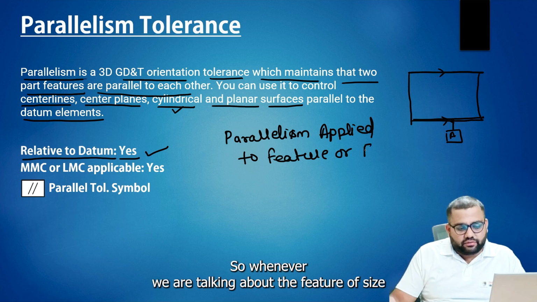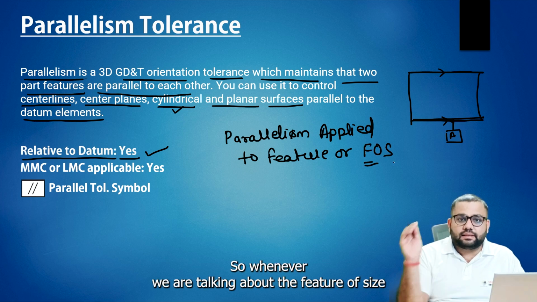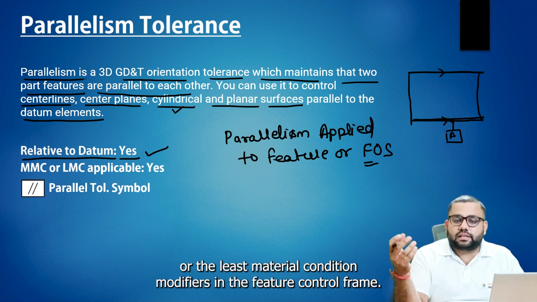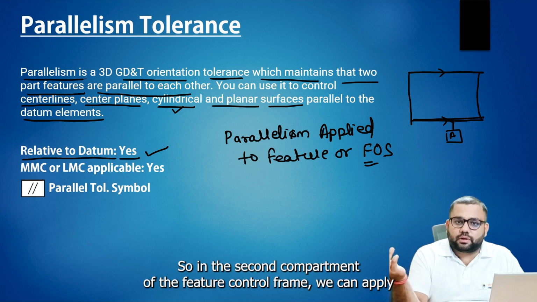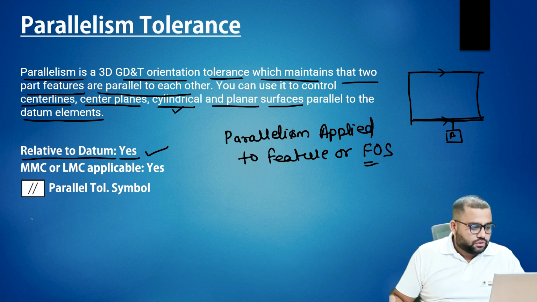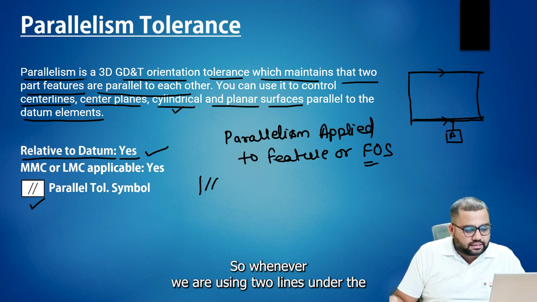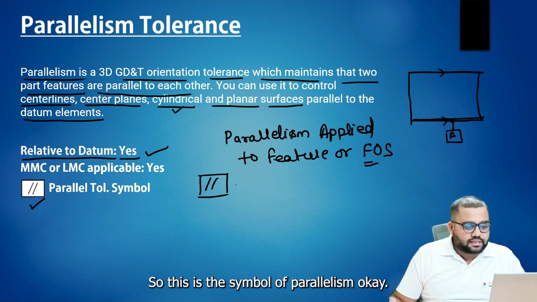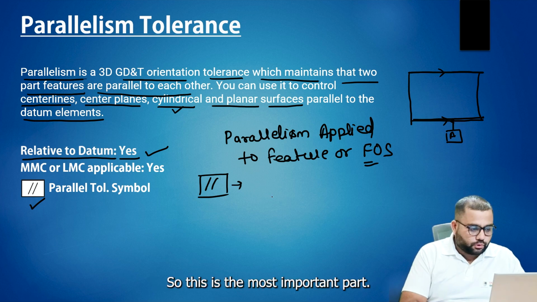Whenever we are talking about a feature of size, we can apply the maximum material condition or least material condition modifiers in the second compartment of the feature control frame. Two lines under the square is the symbol of parallelism. This is the most important part.